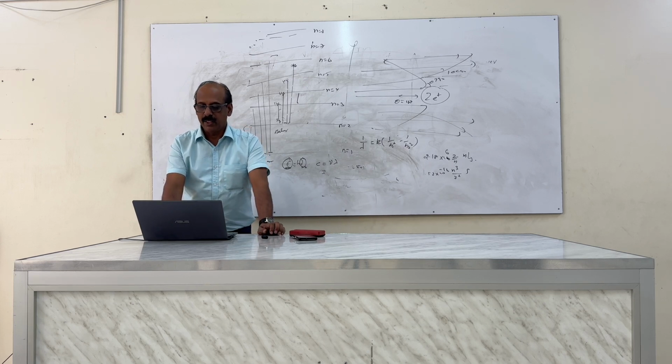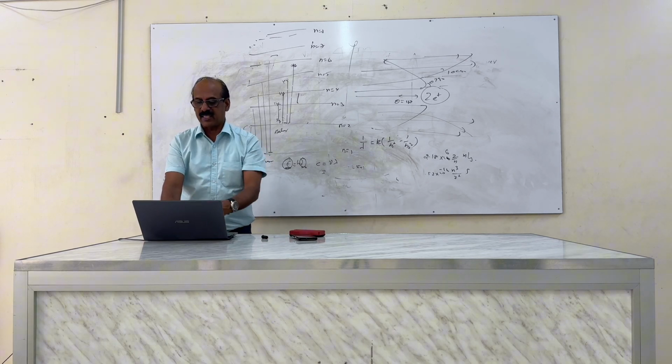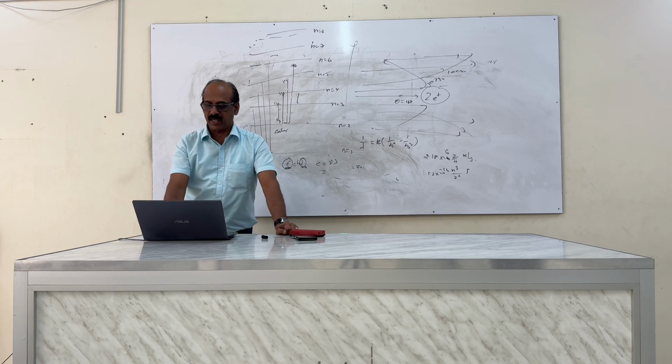That example you have to see. Then atomic spectra, I told you, in the textbook page number 421, you have to go through. Then the Lyman series, Balmer series and other series equations you have to study. This is the main question asked from that chapter. Then example 12.4 you have to go through.